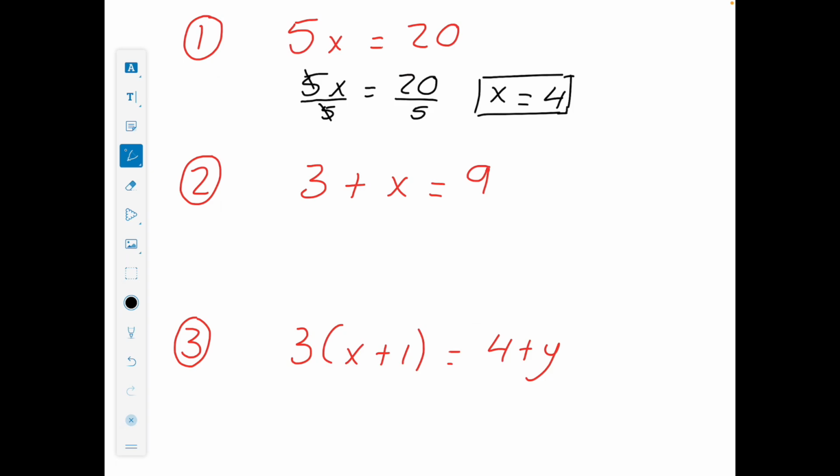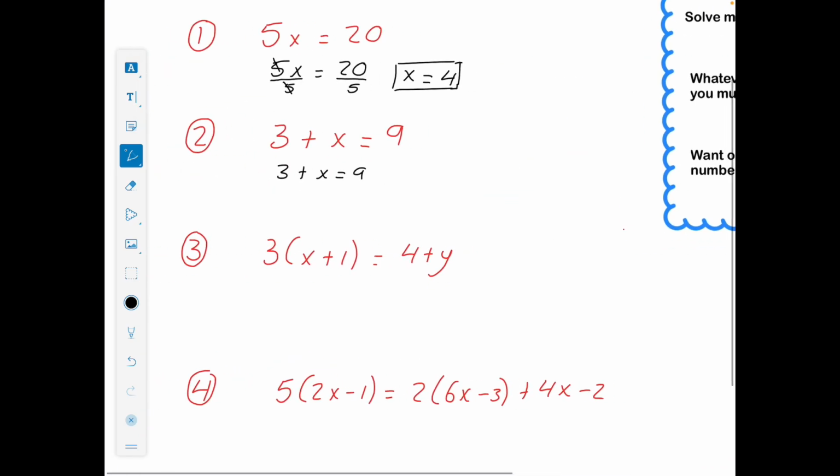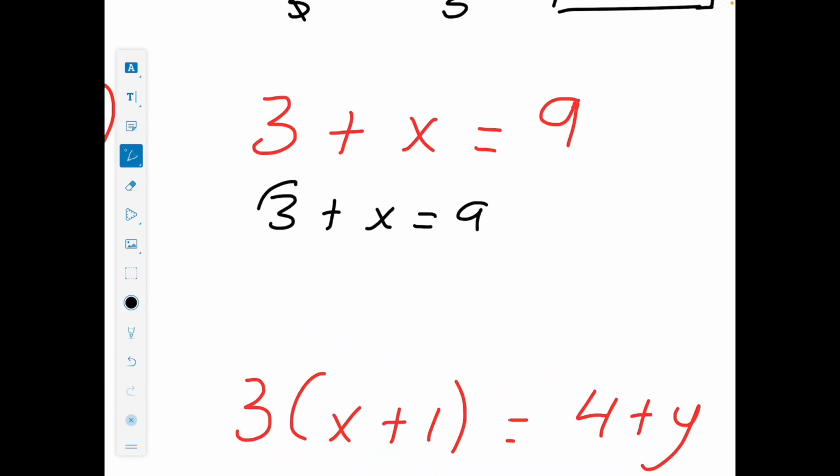Then the next one, we have 3 plus x is equal to 9. Again, we're going to think of this logically. 3 plus what is equal to 9? 3 plus 6 is equal to 9, so x is 6 here. But again, it won't always be that obvious, so we're going to write it out how we would if it was a more complicated question. We want our x at one side of the equals and the numbers at the other.